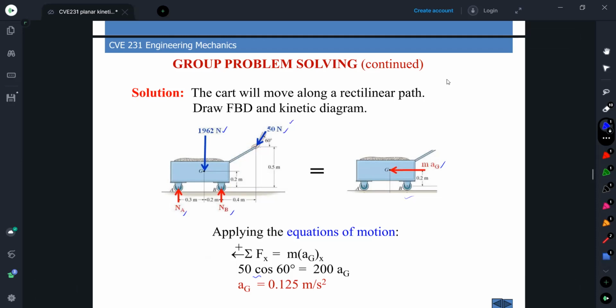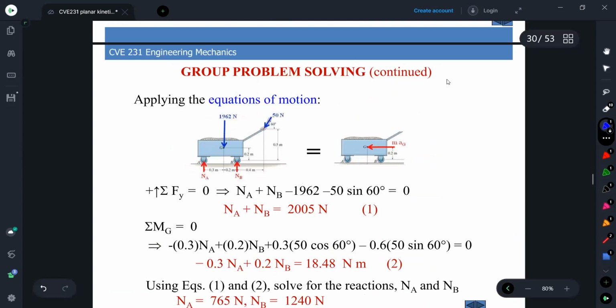For this case, we assume that both wheels roll without slipping, so we do not consider friction at the wheels. Then we can determine the acceleration of the cart easily by solving this equation: the acceleration of the cart is 0.125 meter per second squared.